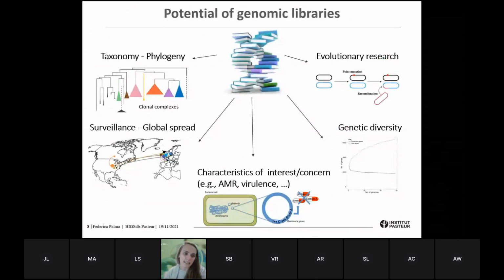As we said before, they can be essential for taxonomic, phylogenetic, but also evolutionary research, genetic diversity, and the surveillance of the global spread of circulating strains of interest, but also to comprehensively decipher the characteristics of interest of bacterial strains, such as antimicrobial resistance, virulence, or maybe some technologically interesting features. And all this information is also needed to explore the possible association between genotype and phenotype, and to answer a variety of questions.